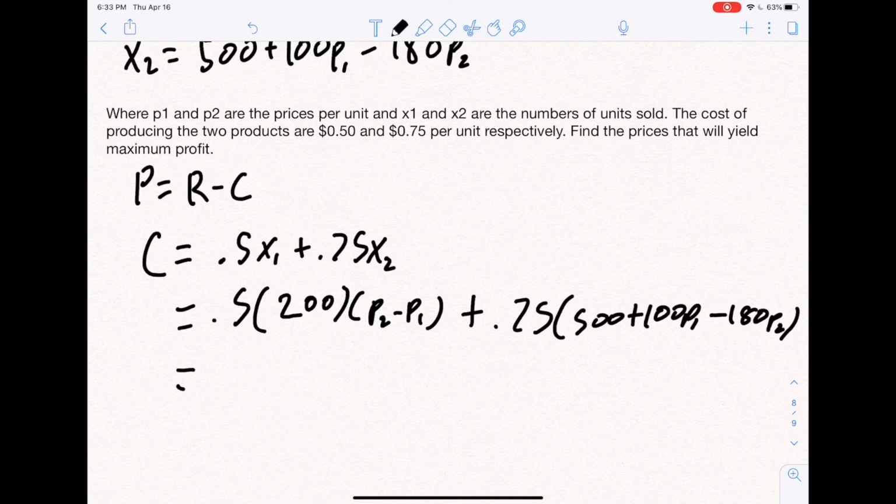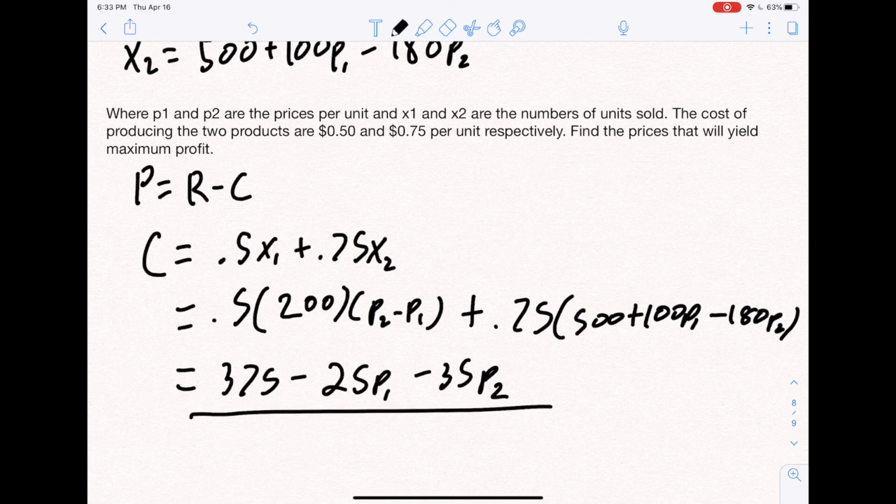And this simplifies down to 375 minus 25 p1 minus 35 p2. So this here is our cost function with respect to price.